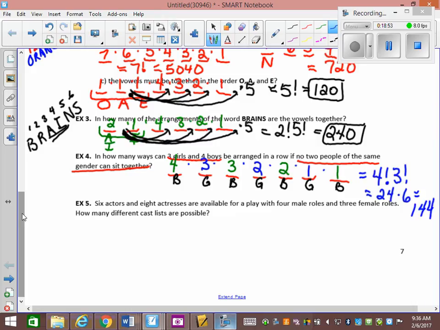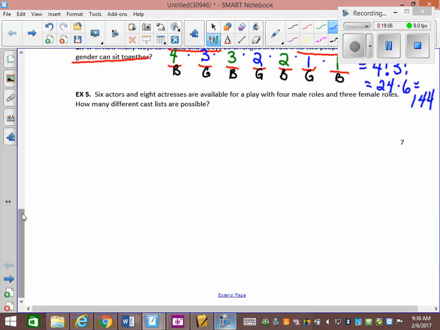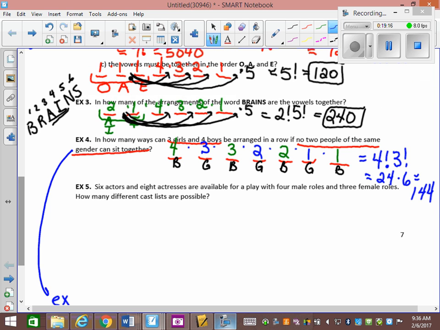Now at the bottom, I'm going to change it. Or you can do it at the top because you actually have quite a bit of space at the very top. I would just arrow and arrow up. And this is going to be your challenger type, just making it a little harder. Okay? Instead of 4 boys and 3 girls, I'm going to do 4 boys and 4 girls. So it's just going to be an extension of this one.